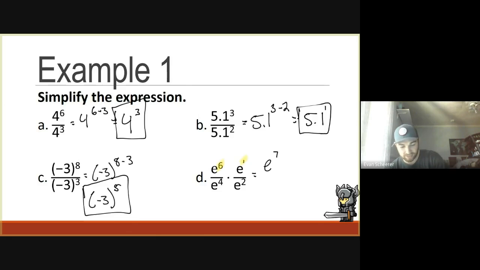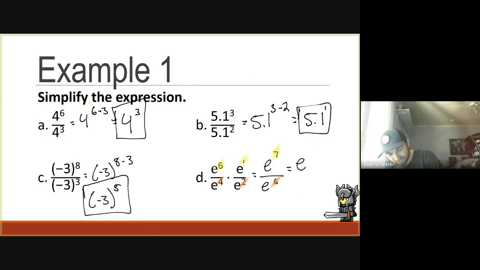Do you guys agree with that? Right? If I multiply across, then I'm multiplying. For this second one, 4 and 2, that's the same as e to the 6th power, right? So therefore, I have e to the 7 over e to the 6th.